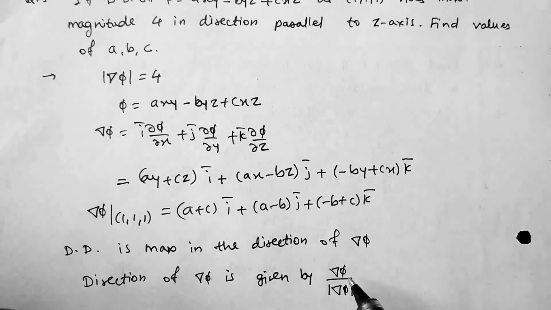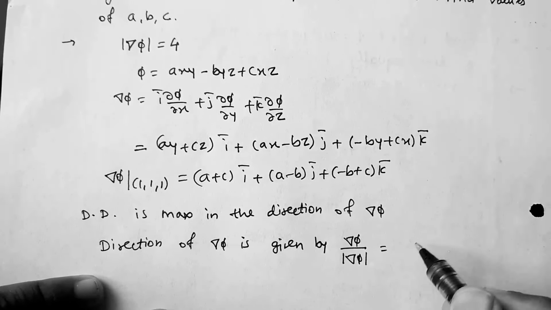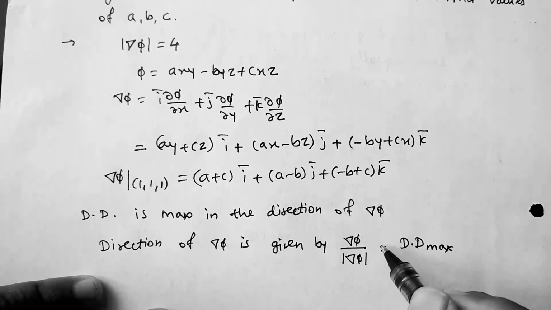That means this del phi is a vector quantity. If you divide this vector quantity by its magnitude, we will get the direction of this vector. Now we know that the directional derivative is maximum in this direction.